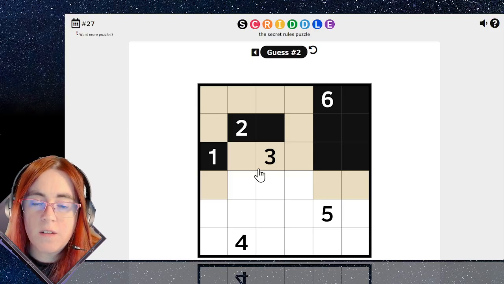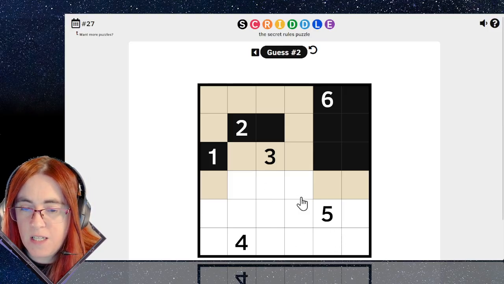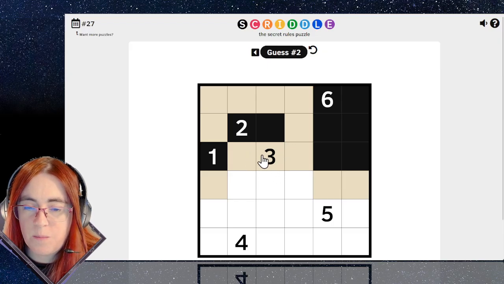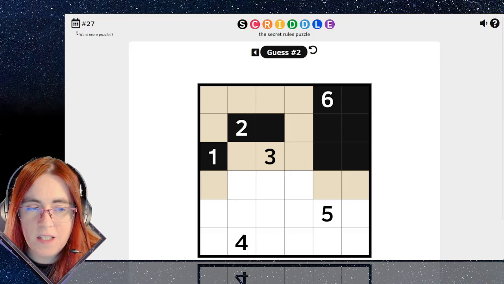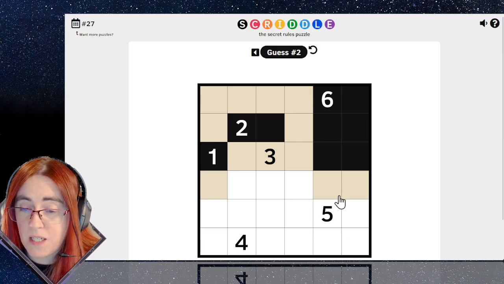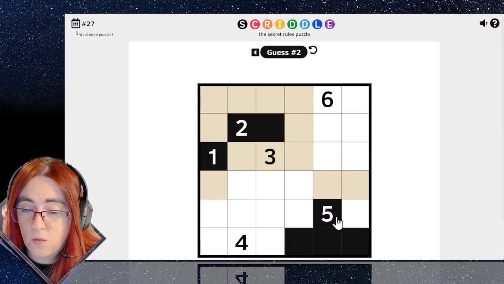I think one of the things that we should try to test, if we can, is having numbers unshaded. See if we can make... we could try this. What do we think?